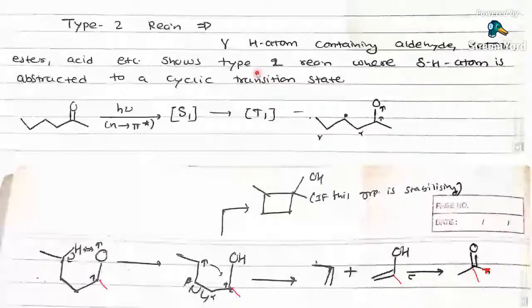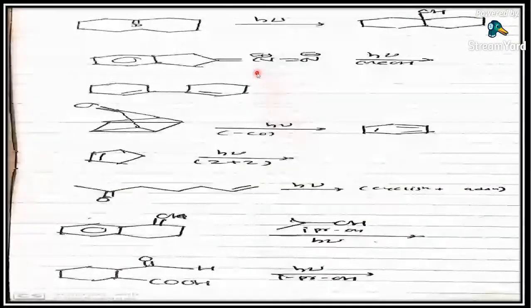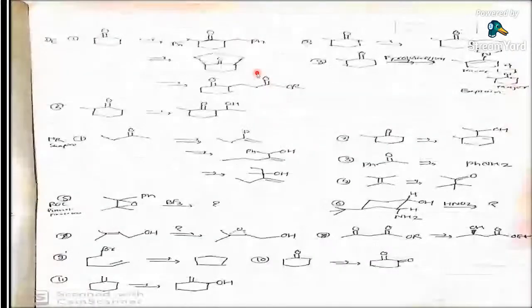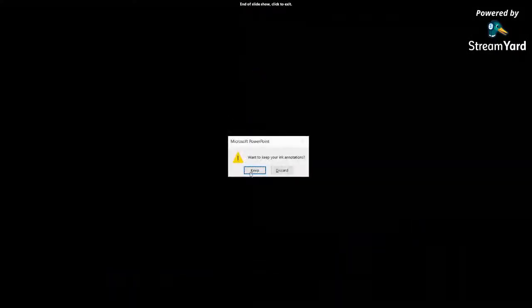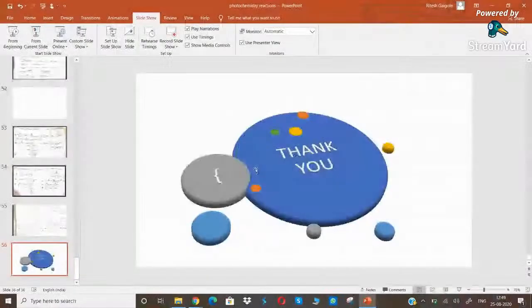And 13th, Norrish type 2. So these are all the reactions which you have to practice and for which you have to make notes. So this is all about today's lecture. Thank you.